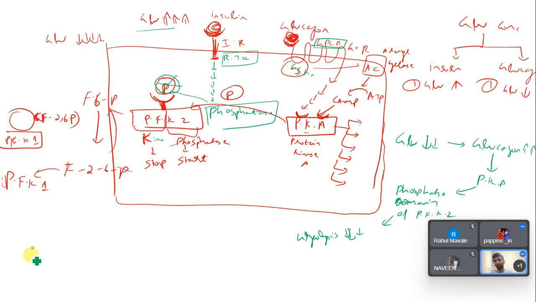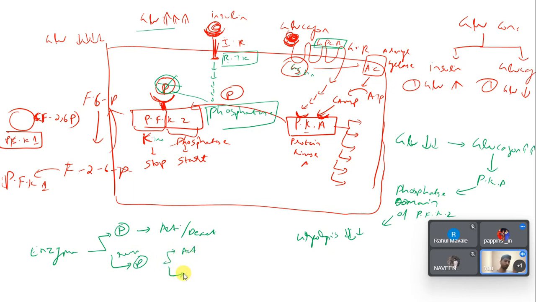So always remember, there is no rule that when there is an addition of phosphate, the enzyme will get activated. Sometimes when we add phosphate, the enzyme can also get deactivated. In some cases, when there is a removal of phosphate, it can get activated or deactivated.